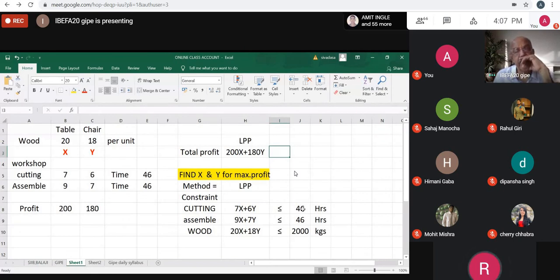This is the total time for assembly, which should not be greater than 46. And the wood available will be 2000 kg. So 20x plus 18y, total wood required, should not go beyond 2000. Within this, what is the maximum profit? How many x, how many y to be produced? Clear?